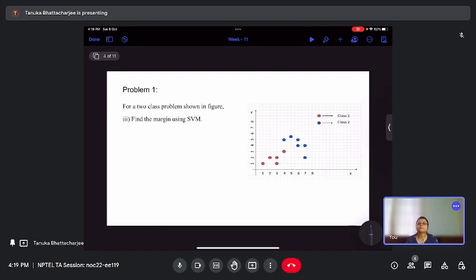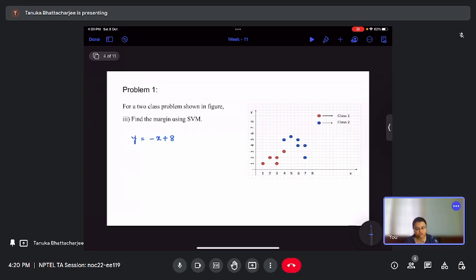So, to find that, we already know the equation of the decision surface is y equal to minus x plus 8. Now, we can choose any of the support vectors because all are equidistant from the decision surface. So, we can choose any of it and find that point's perpendicular distance from this particular line. That will be our margin.